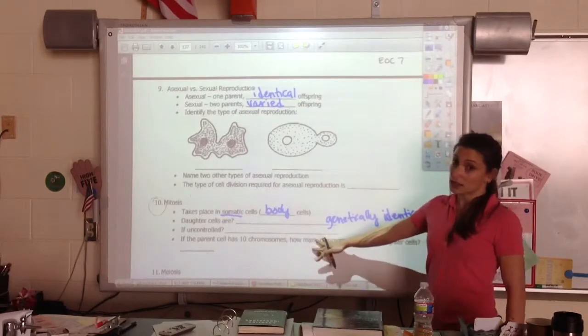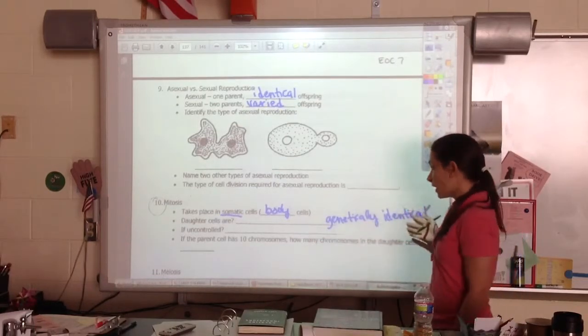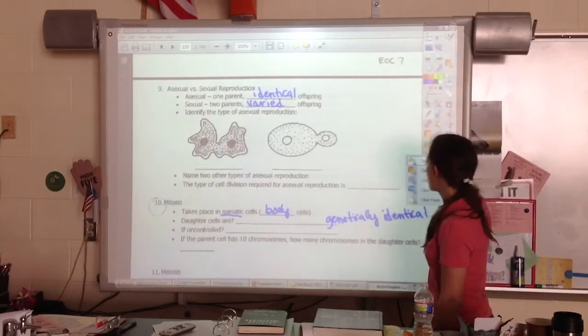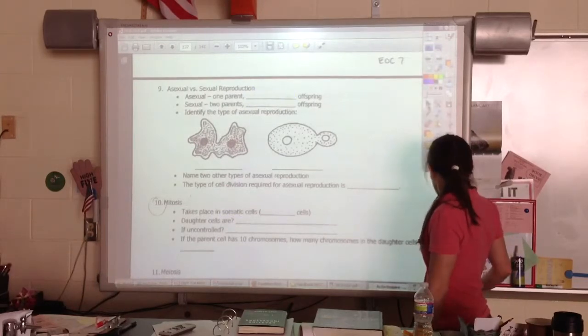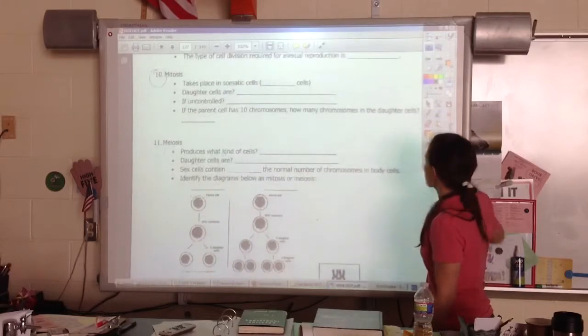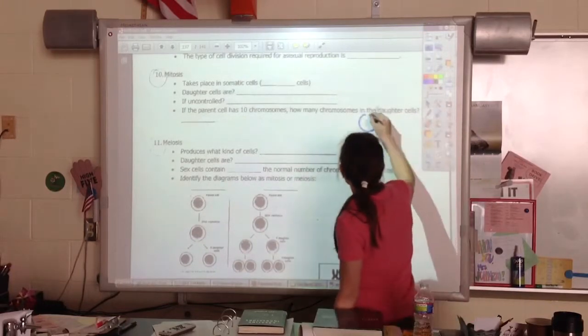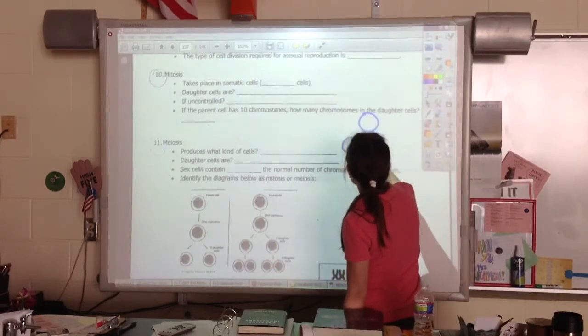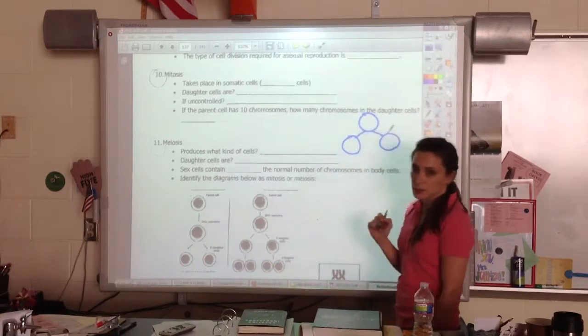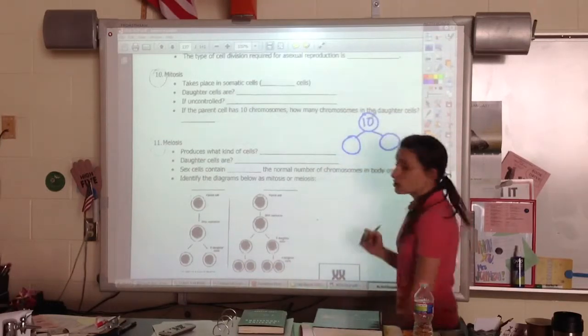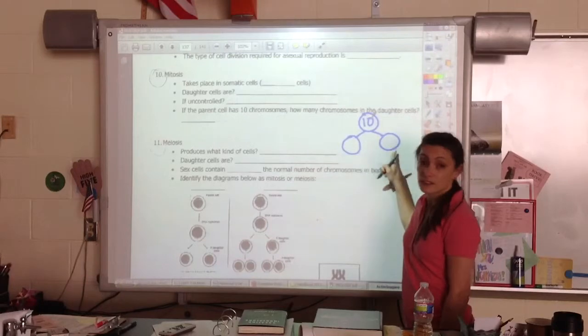So if the parent has 10 chromosomes, then the offspring will have 10. I do want you to add in one extra picture here next to this, because 10 divided by 2, how can that possibly be 10? 10 divided by 2 we would think would be 5 and 5.